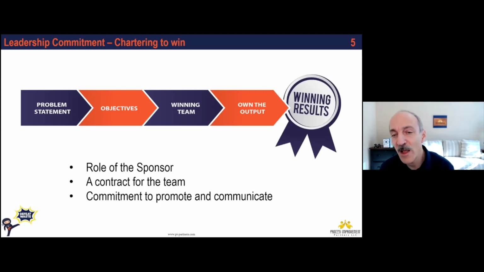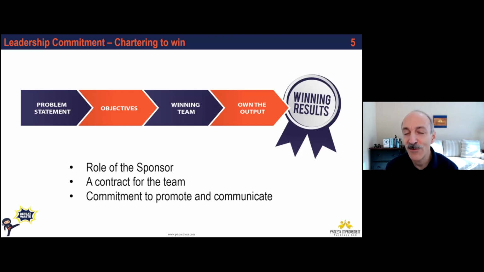A charter is a contract with the team. And what I mean by that is that once we've defined the charter, the problem statement, the objectives, the winning team, and who owns the output, now we're saying to the team, go solve it. We have no idea what the answer is. Whatever you decide, the answer is you implement it. Don't wait for approval. Okay, the approval has been made.